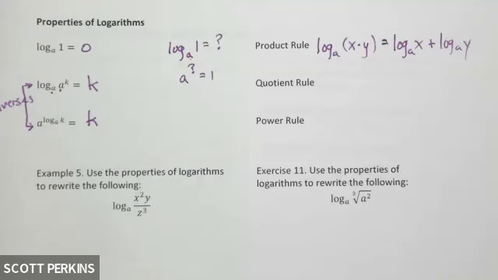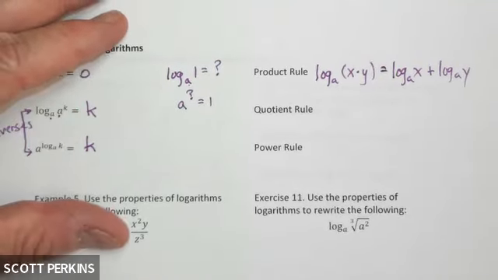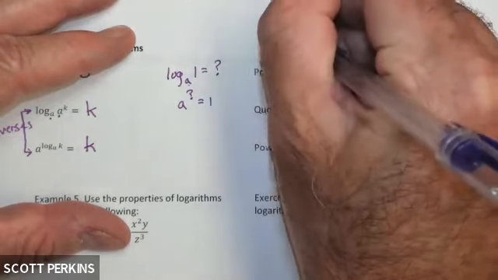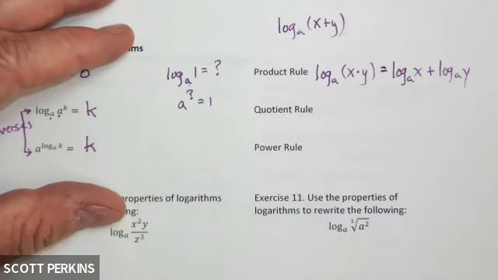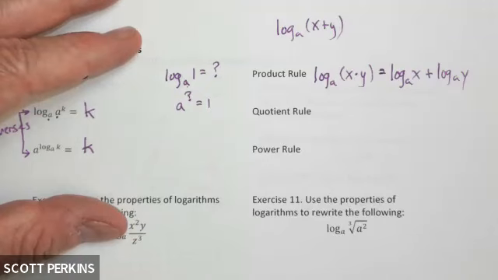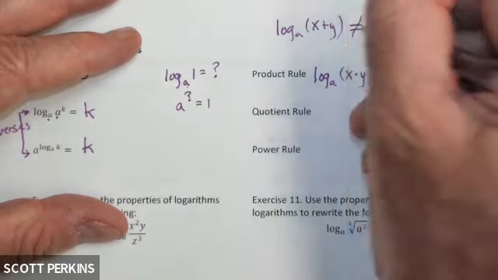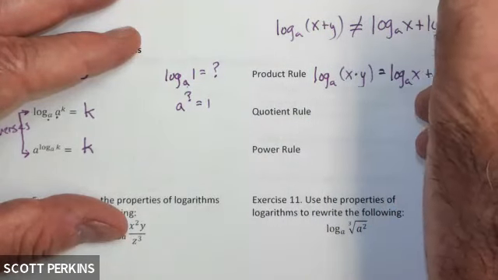Let me just, as an aside, tell you a tragic math error that I never want you to make, please. If I have the log base a of x plus y, I'm adding two things together, there's nothing you can do with that. Okay, but a common mistake students want to make because you see these other properties is you want to say, oh, cool, what I can just do is distribute the logarithm and have log base a of x plus log base a of y.